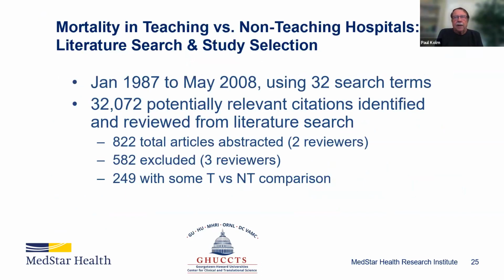Two reviewers went through these and identified 822 articles, and then 3 reviewers, I believe another reviewer than the initial 2, went through and excluded 582 of those, so there ended up being about 250 articles that had some teaching versus non-teaching comparison.